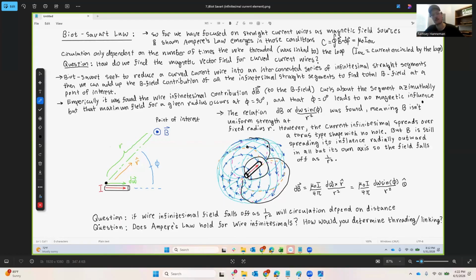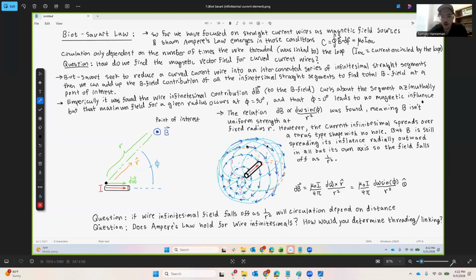So that's where the sine comes in, to deal with the non-spherical nature of how it spreads its influence. So, okay, the wire infinitesimal falls off as 1 over r squared. So does Ampere's law hold for wire infinitesimals?